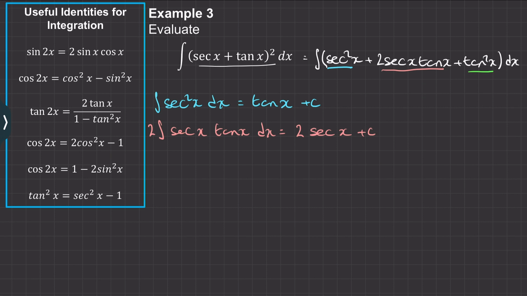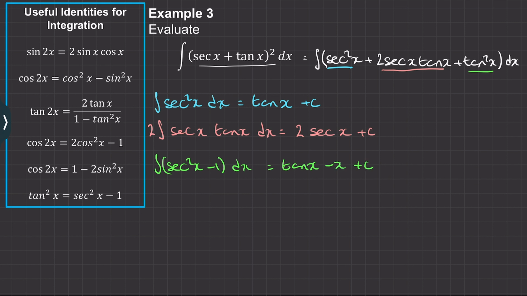And then finally, the tan squared x is not a standard integral, but we can write this using this identity here. So we can say we have the integral of sec squared x minus 1, all with respect to x. And again, we know sec squared x is a standard integral, and it makes tan x. And -1 integrated with respect to x gives us minus x plus c.